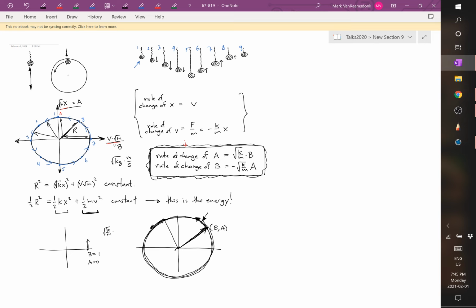That implies that the radius in that diagram is constant, and the physical interpretation of that radius is exactly what we call energy. And so we've actually just shown that this combination, half kx squared plus half mv squared, is conserved.